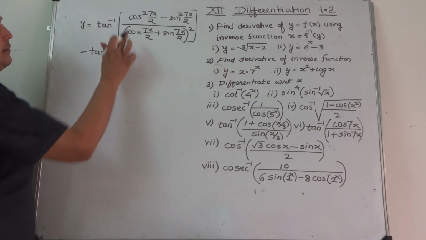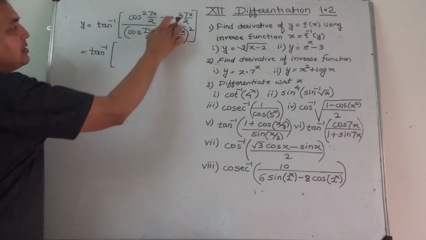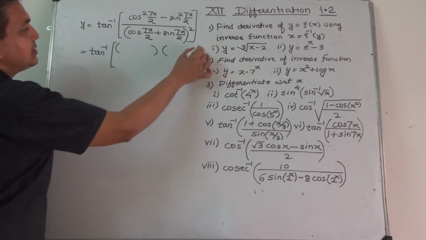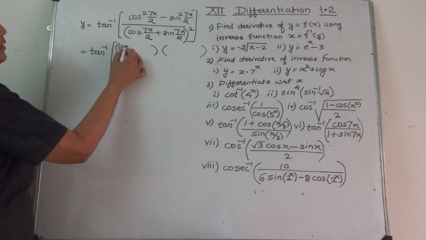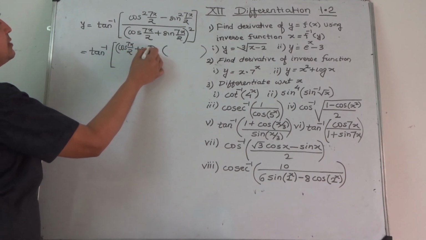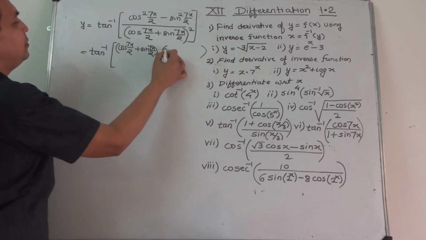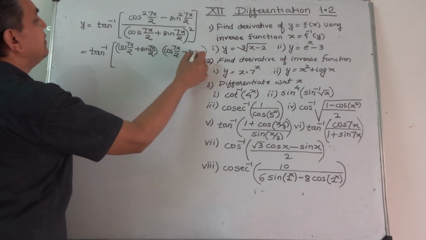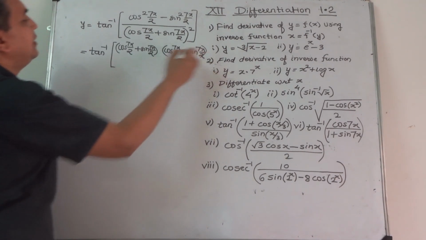Tan inverse. Now this is like a square minus b square. What is a square minus b square? So we get two brackets. Which one? Cos 7x by 2 plus sine 7x by 2 into cos 7x by 2 minus sine 7x by 2. Is this clear?